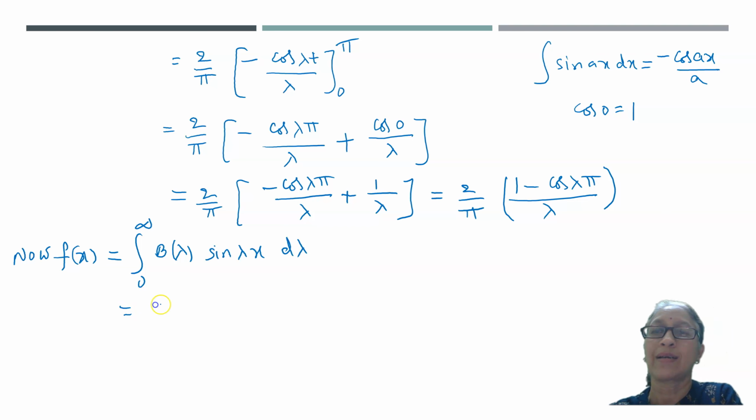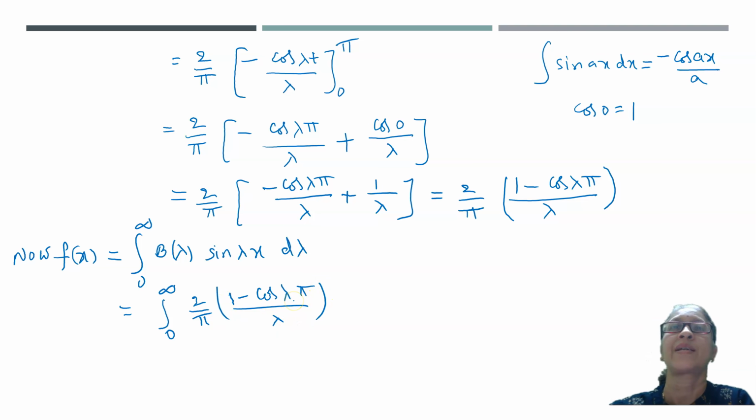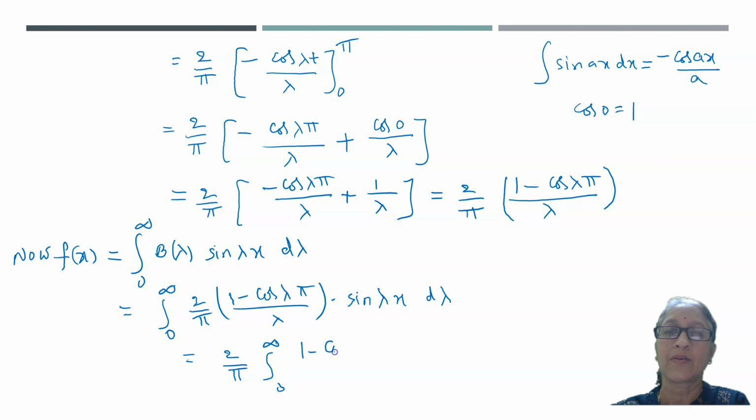You get integral 0 to infinity of 2/π times (1 − cos(λπ))/λ times sin(λx) dλ, that is 2/π integral 0 to infinity of (1 − cos(λπ))/λ times sin(λx) dλ.